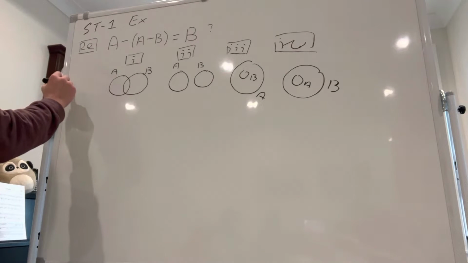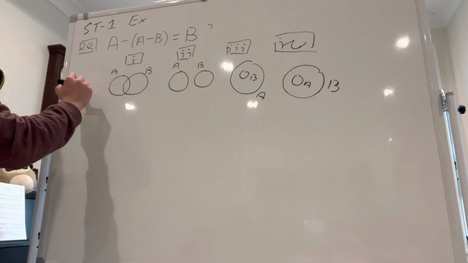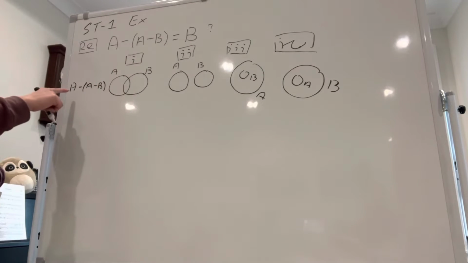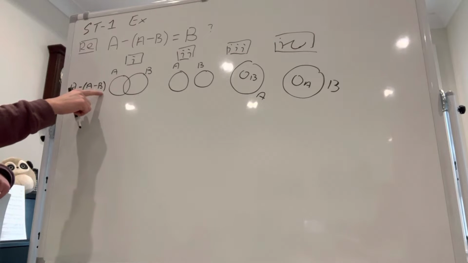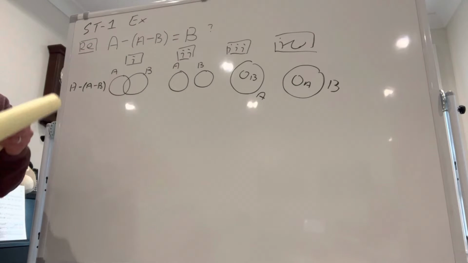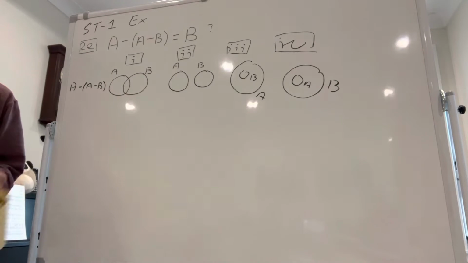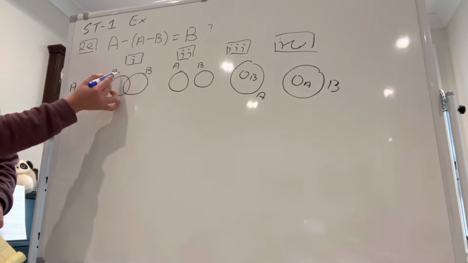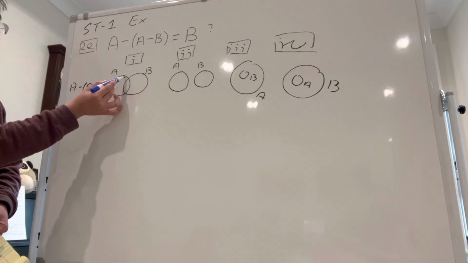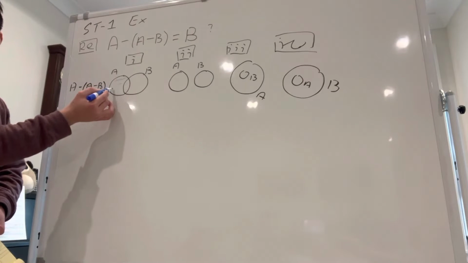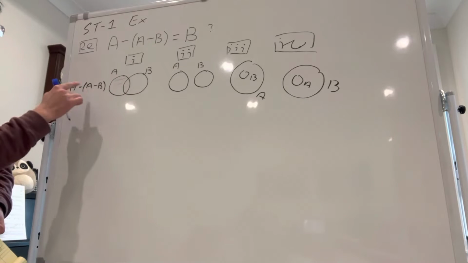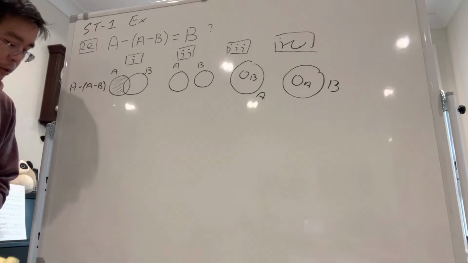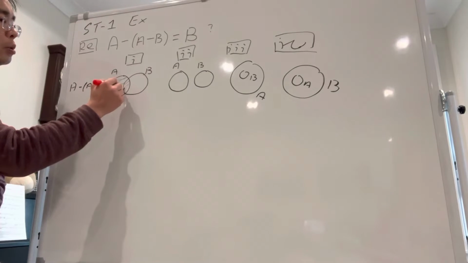So the way I would illustrate this is, we try, using this diagram, to see what A minus B is, to see if it is equal to B, or is it bigger, meaning containing B, or is it a subset of B. So the first one, A minus B, will be equal to this outer part, and then A minus that, again, A minus B would be this part, and then A minus that would be equal to the red.